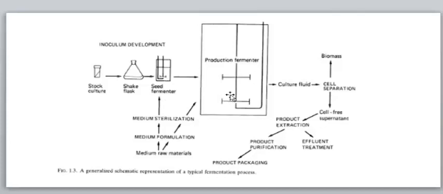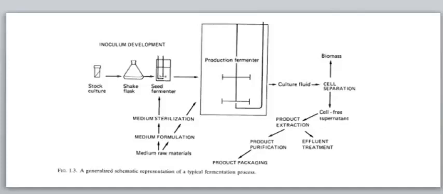After the completion of the fermentation process, the biomass and broth are separated, the product is collected through downstream processing, and the cells can be used for further operations.